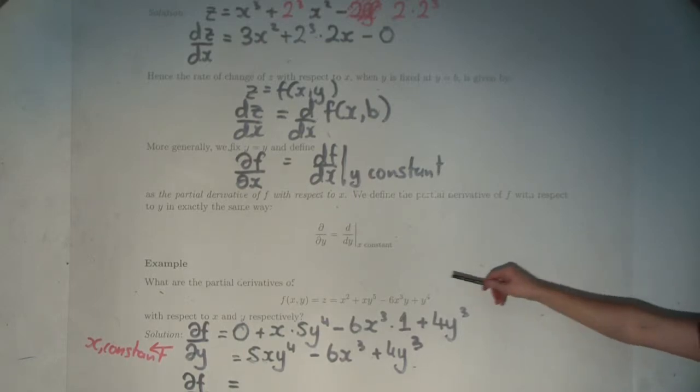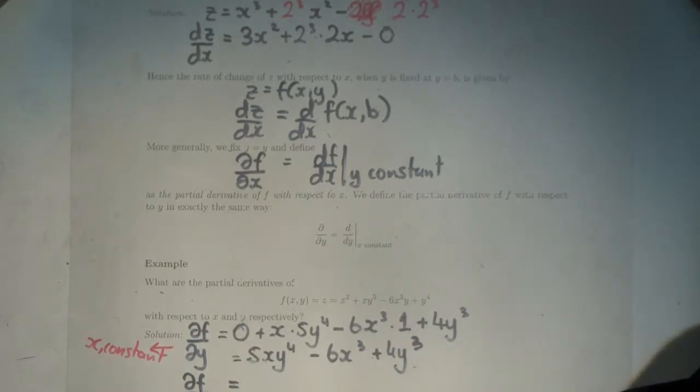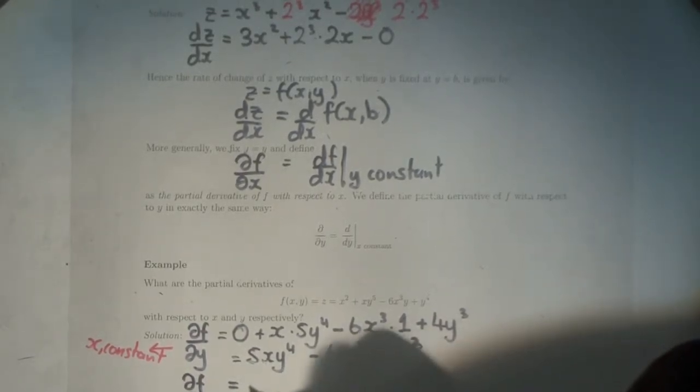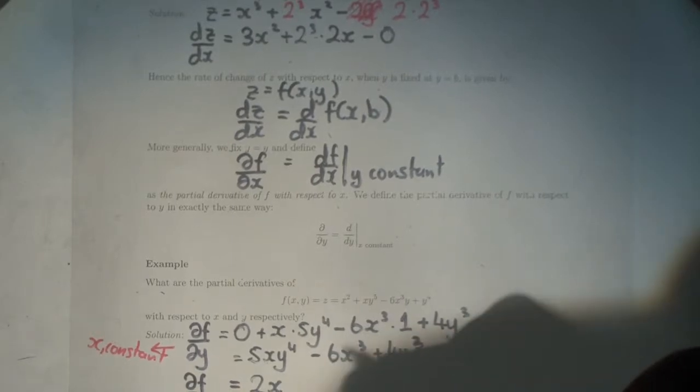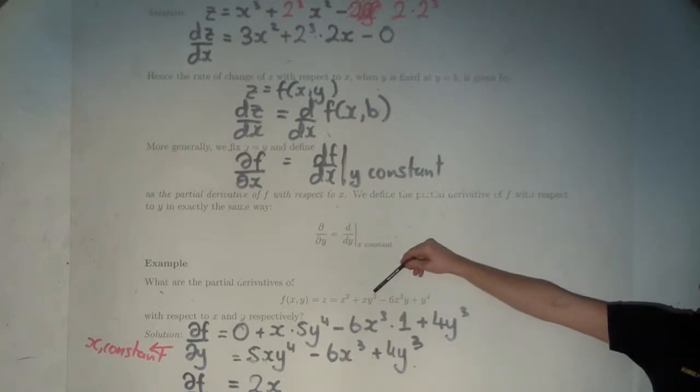So back here, what is the derivative of x squared with respect to x? 2x, spot on. What is the constant in the second term? What's the constant here? 5.